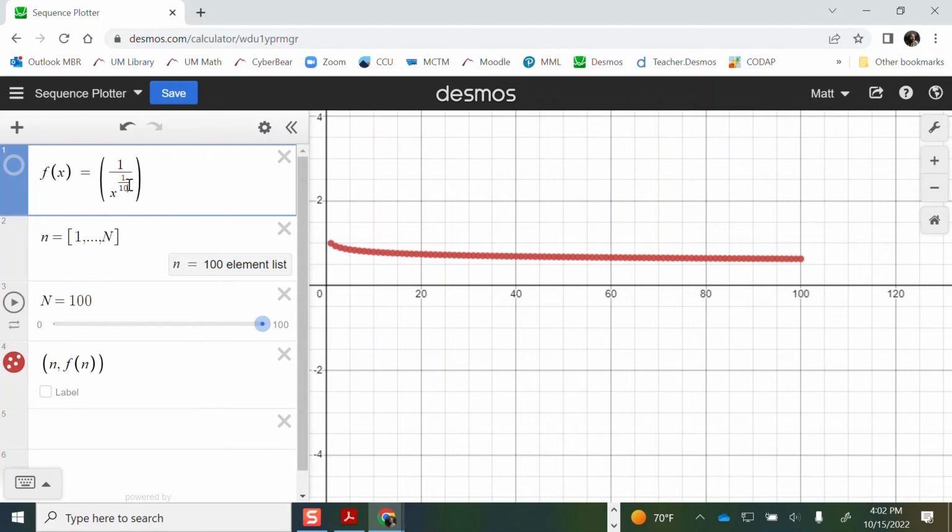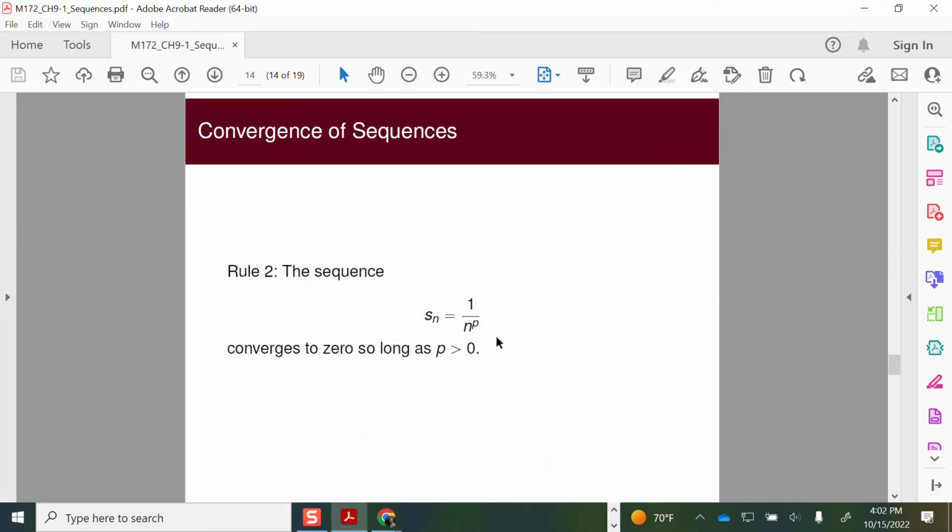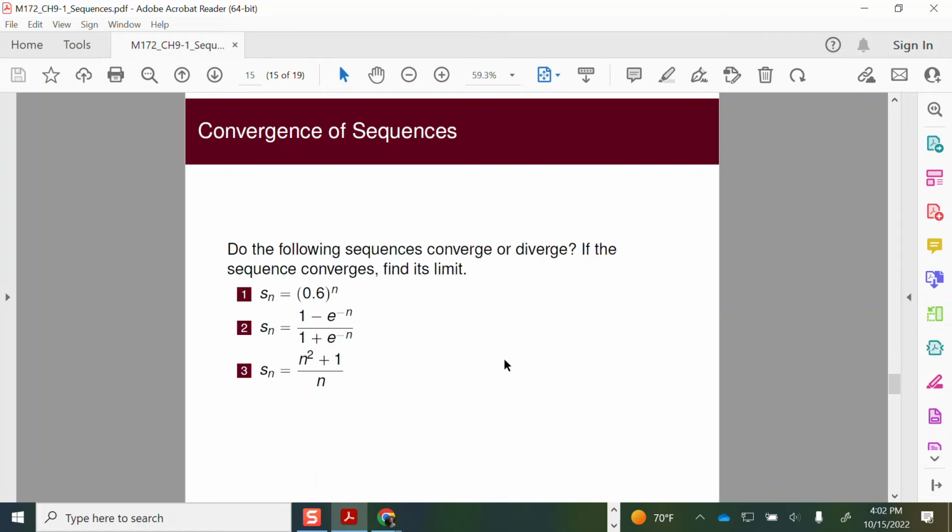If I put numbers down here that are really close to 1, we get the first graph that we saw. So I hope that's a convincing enough picture of this rule: 1 over n to the p always converges so long as p is greater than 0. So let's take a look at a few examples and how we might be able to use that.